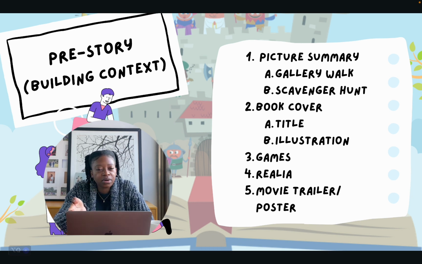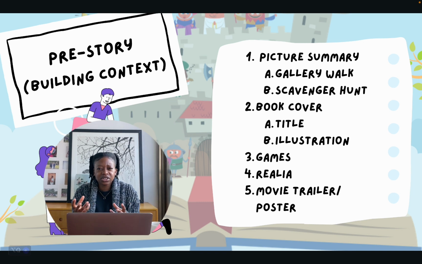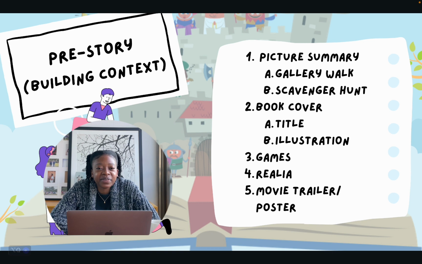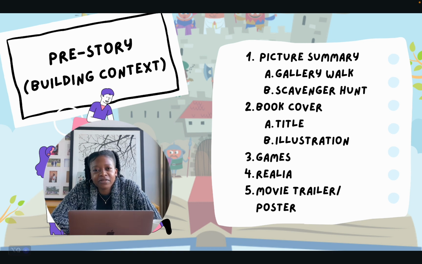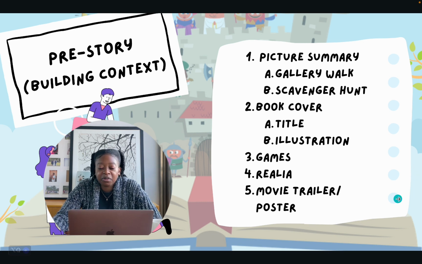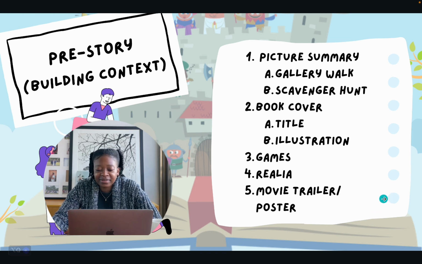Real items also are really helpful, especially when students can touch something. They really love that. Movie trailer as well is a fun thing to do. It's a little bit more time consuming for you as the teacher, but it's rewarding, and it's a great way to engage the students into the story and get them excited as well.